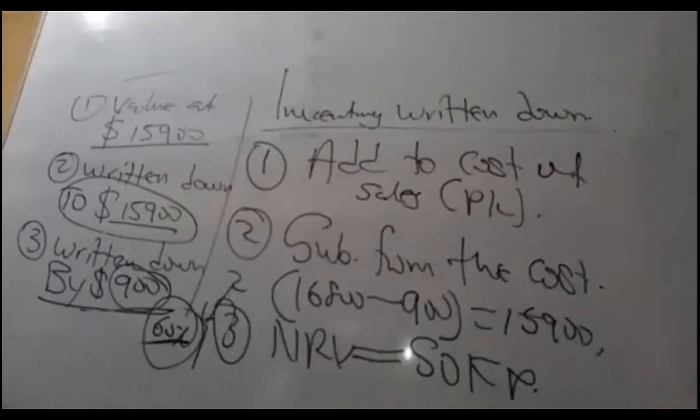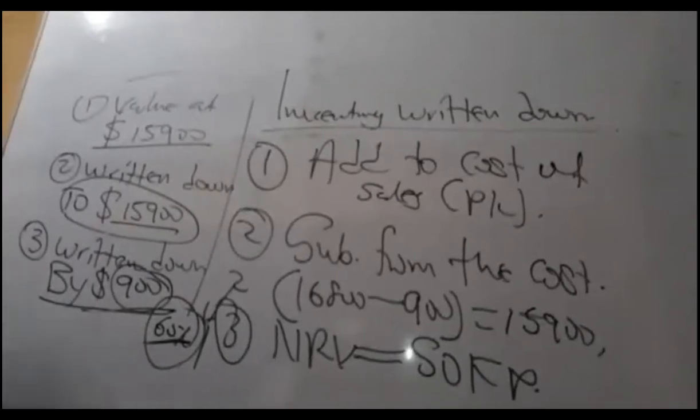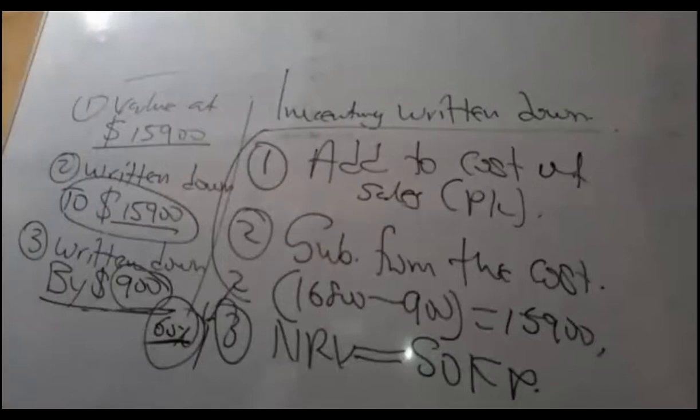Now we are done with IAS 2 Inventory. I want to leave with question solving. So we go to Success Limited. Now, how would they ask the question under the final account, if you're preparing financial statements? We've gone through the accounting treatment, so let's go back with an illustration.